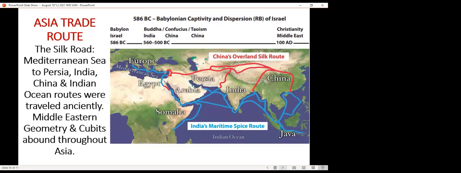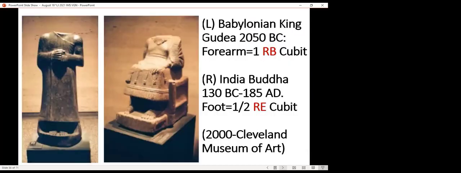Asia trade, Silk Road, Mediterranean Sea to Persia, India, China, Indian Ocean routes were traveled anciently. Middle Eastern geometry and cubits abound throughout Asia as well. Here we've got the Babylonian king Gudea, dating to 2050 BC.